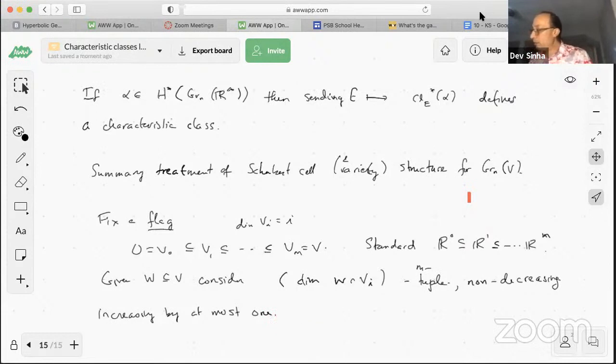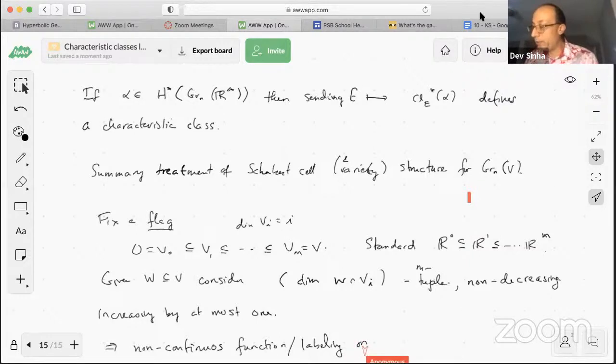So what we have is, let's emphasize, this is a non-continuous sort of function or labeling on the Grassmannian. And what we'll call, Sch is the name I'll use for Schubert, that collection of numbers.